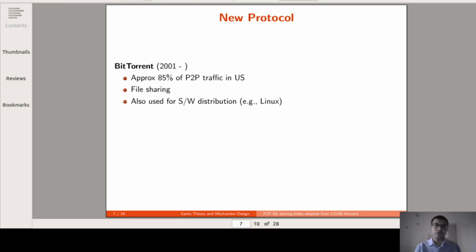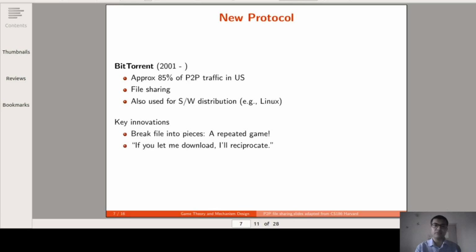Now the protocol that we are going to discuss in quite some detail is the BitTorrent protocol. This is used most in the traffic in the US and elsewhere. It is also used for software distribution, such as open source software, which is shared on this P2P protocol. So what is BitTorrent, which is so attractive for people?